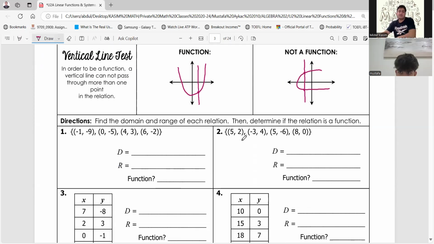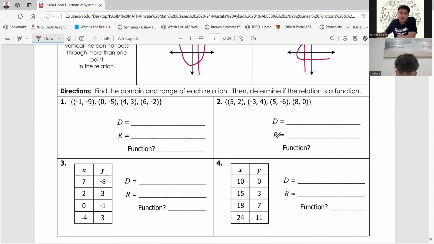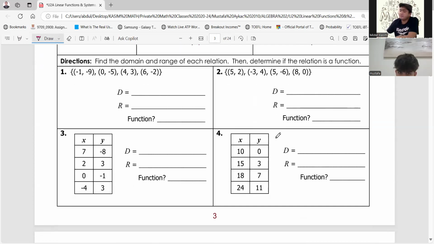Okay, so now let's practice finding the domain and range. What is the domain, Mustafa? The set of x values, right? Range? The set of y values. Very good. So, what is a relation?